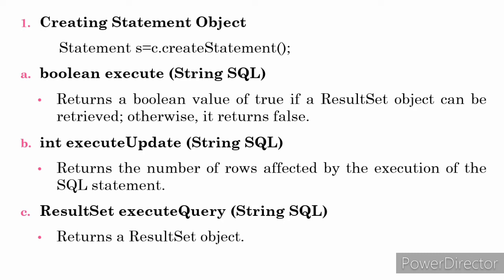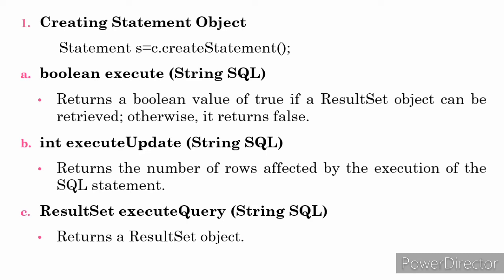Already we have seen this in the DBMS connection process. See here, creating a statement object: Statement S = C.createStatement(), where instead of db, I am using C here. Once you have created the statement object, you can then use it to execute the SQL statement.